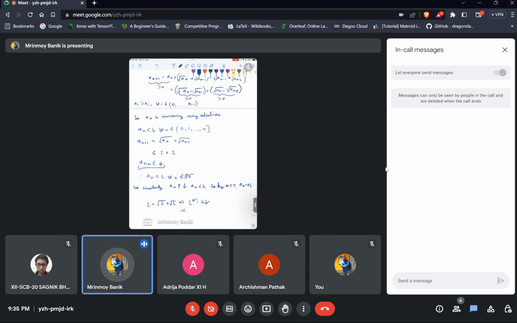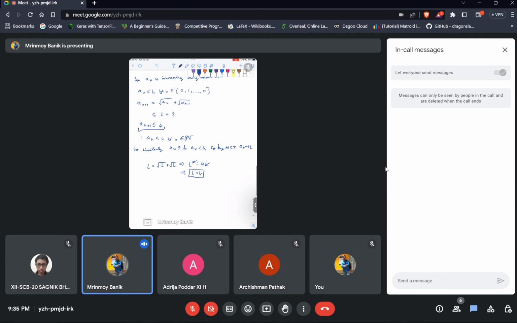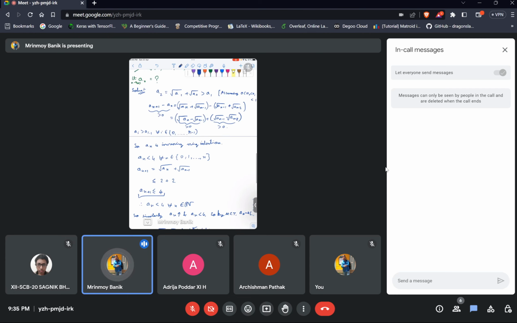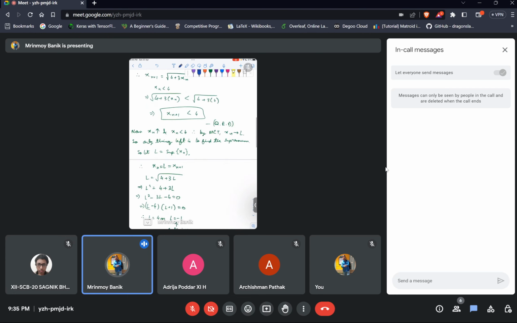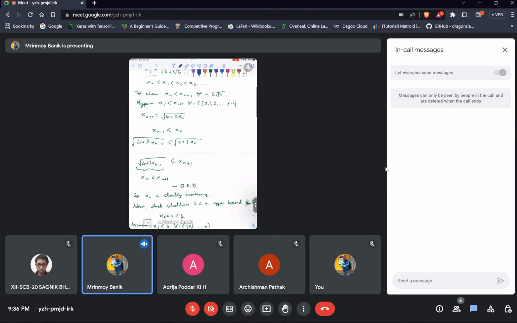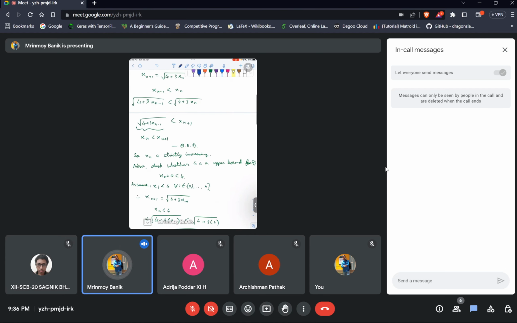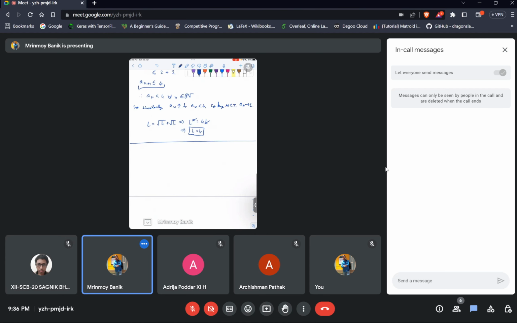So assuming L not 0, L is equal to 4. So the first two problems we saw today are almost exactly similar. I mean the techniques are pretty identical, right?